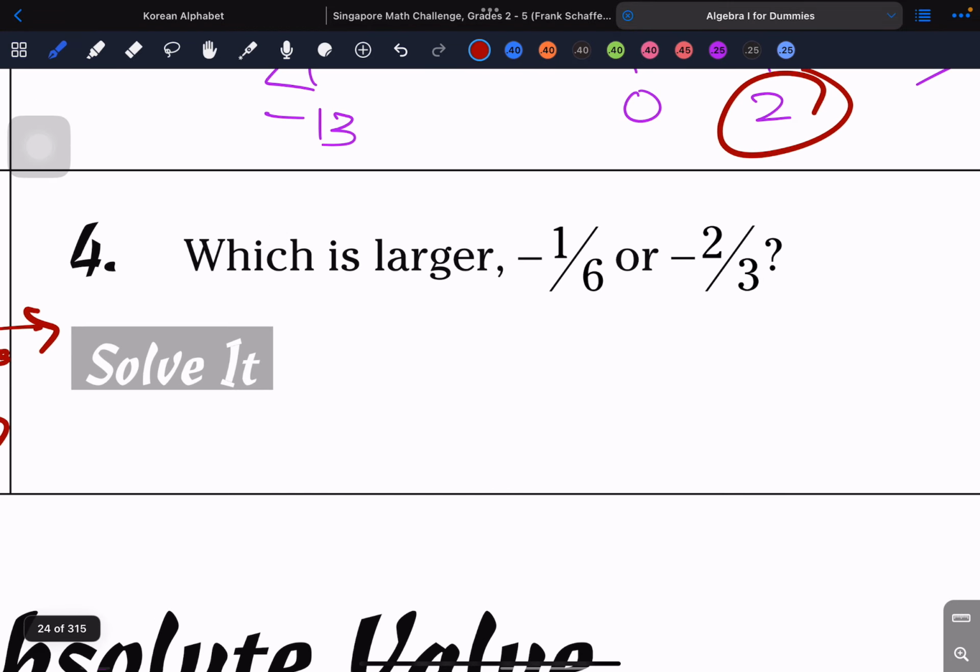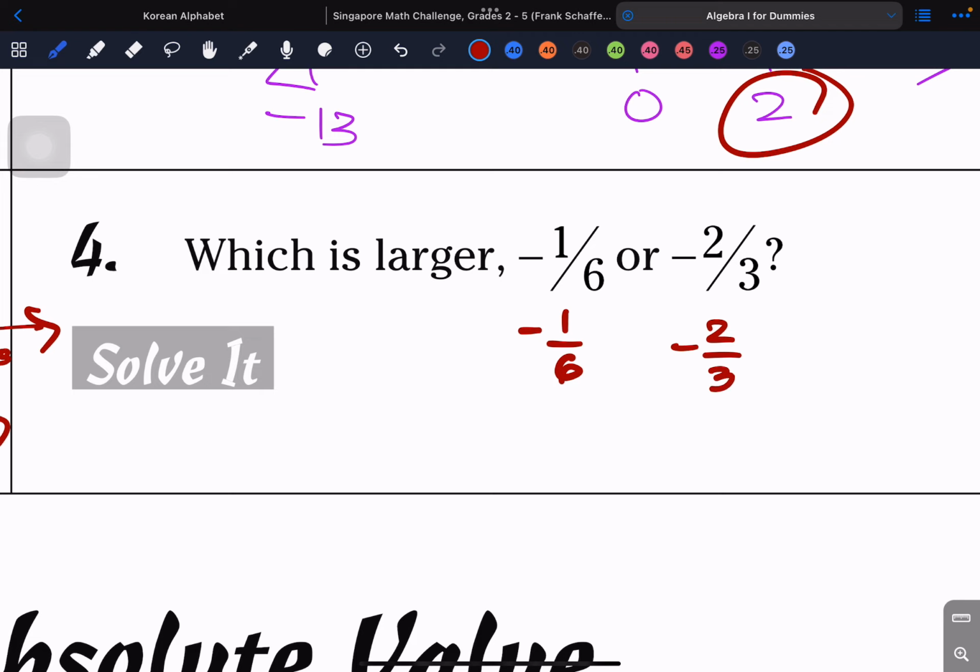Next, which is larger? Negative 1/6 or negative 2/3? Gawin mo silang equivalent. Negative 1/6, negative 2/3.